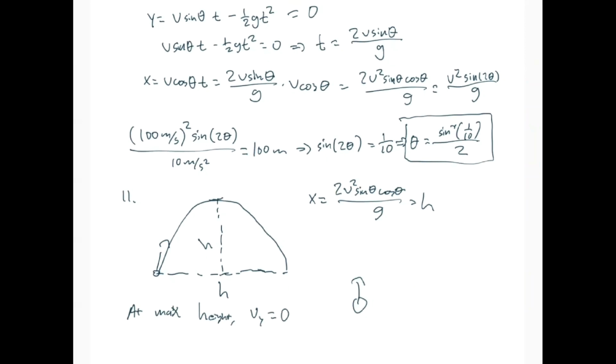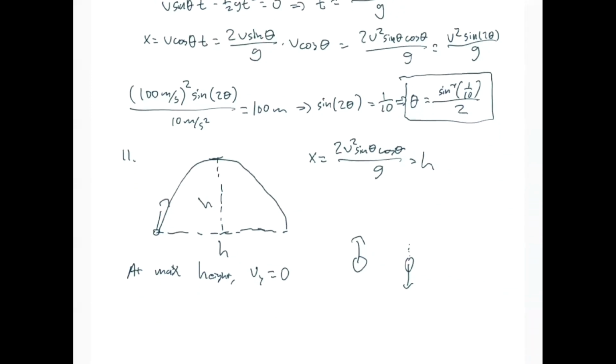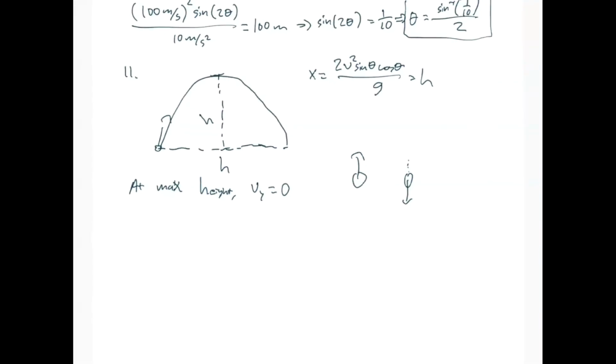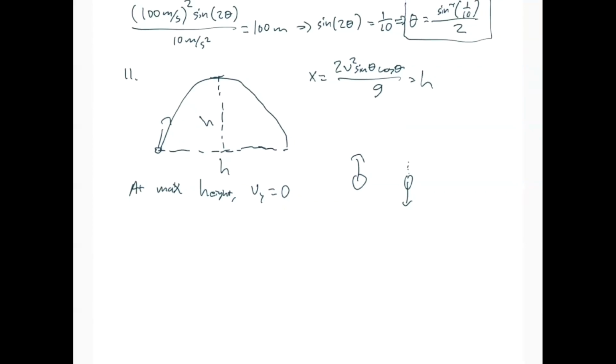So its height will continue increasing, and that won't be our maximum height. But if it's going down, that means that its height's already decreasing. So the maximum height was some time in the past where it wasn't going down. So with this, let's try to find its maximum height.